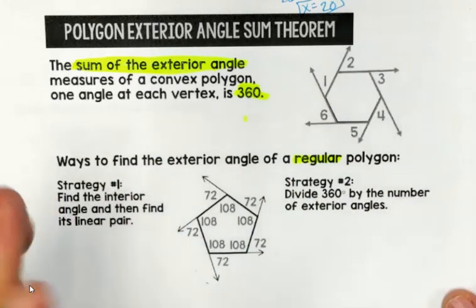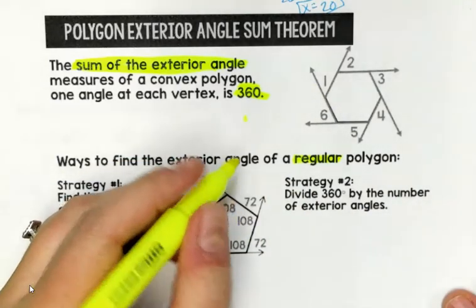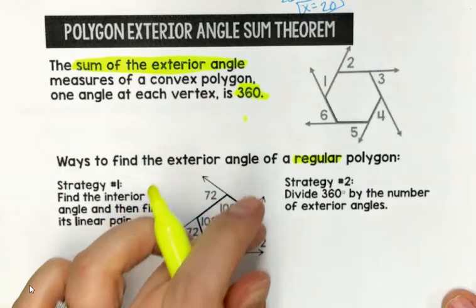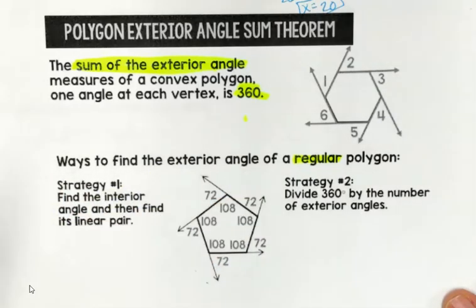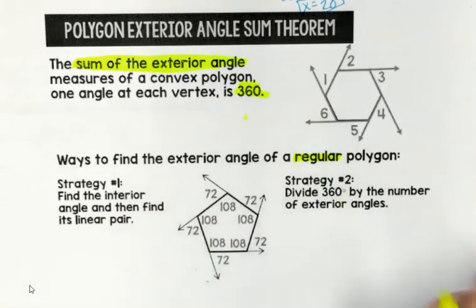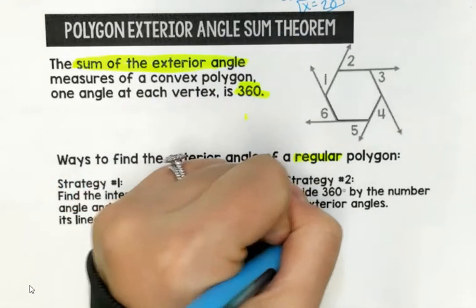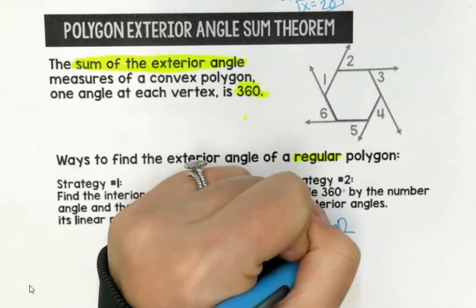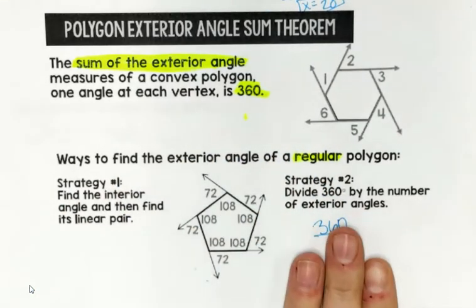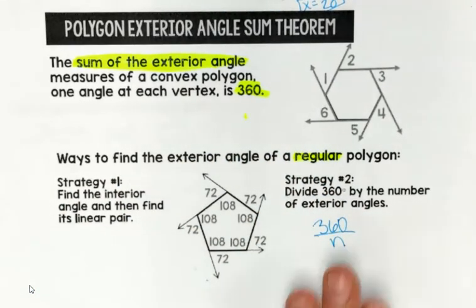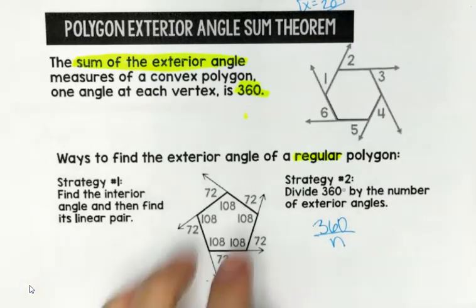So the shape looks kind of crazy. But the interior and exterior angles will always be linear pairs. Or the other step that you can do for a regular polygon only would just be 360 divided by the number of sides. But that's only for a regular polygon. Okay, so just make sure you pay attention to if it's regular or not.